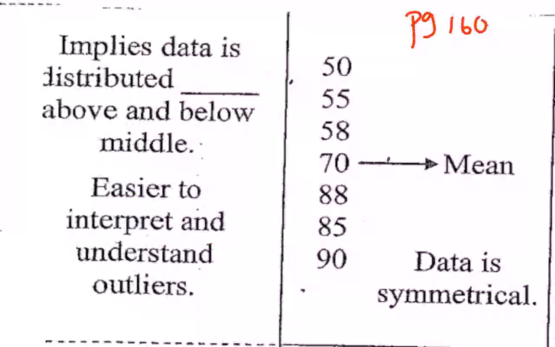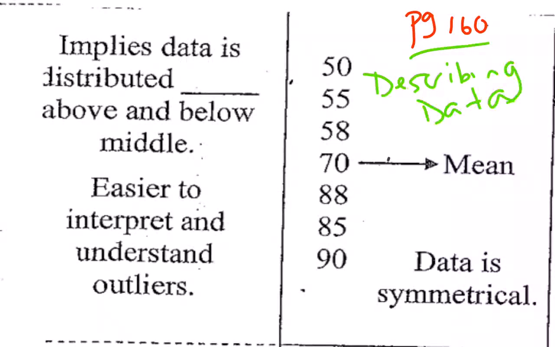What's going to be new is what we're putting on page 160, and that is going to be on how to describe data. So you want to title that page Describing Data. And the first thing we're looking at there is symmetry.